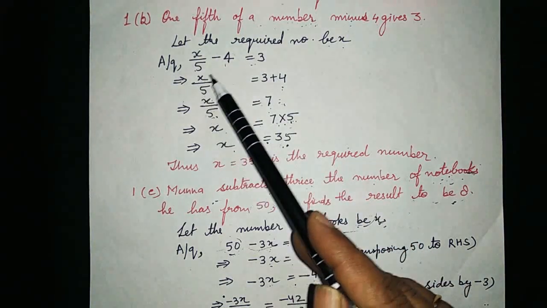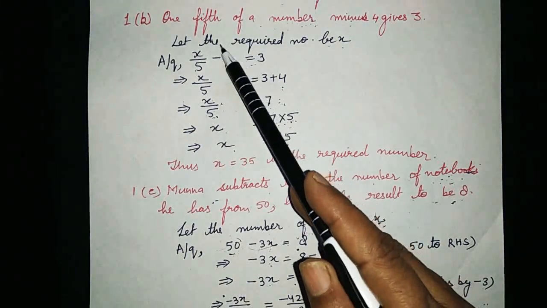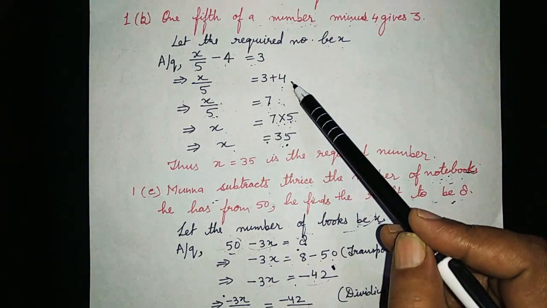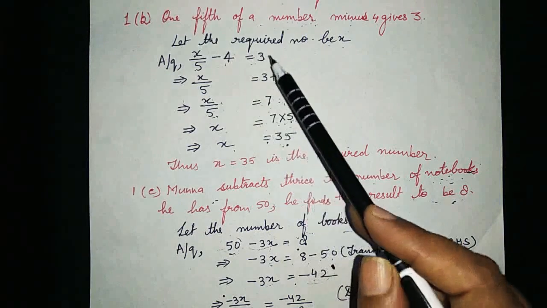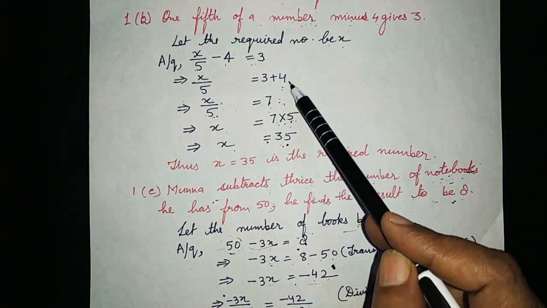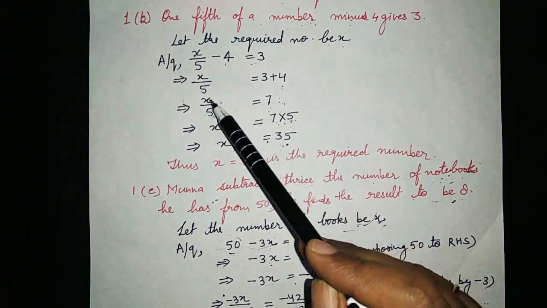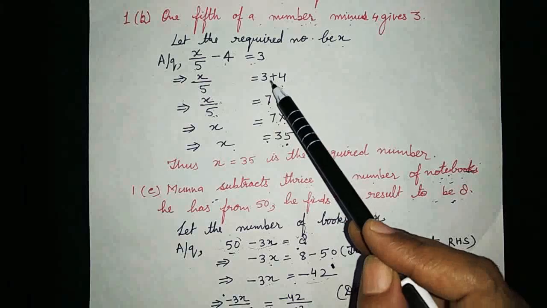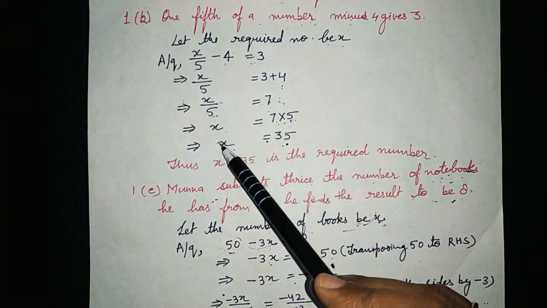Now we will solve this equation. Minus 4 we will transpose from left hand side to right hand side. Then minus 4 will be plus 4 on the right hand side. And on the next step, we will get x upon 5 is equals to 7 because here we will add 3 and 4.